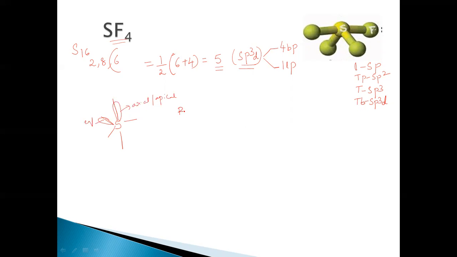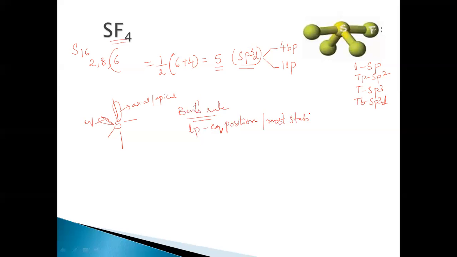There is one rule we can remember here, which says that the repulsions will be minimum if the lone pair is present at the equatorial position. So that will be more stable. If there is minimum repulsion, then that will be the most stable structure.